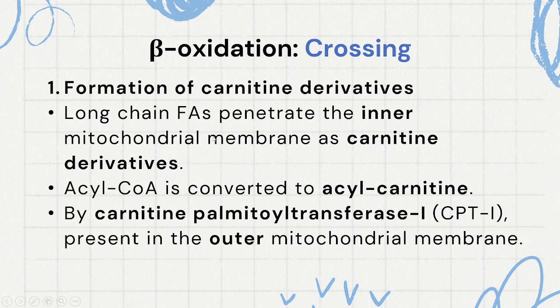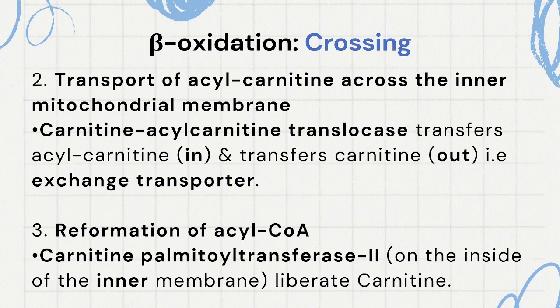Carnitine derivatives are our acyl-CoA, in which the CoA will be removed and replaced by carnitine. And this is catalyzed by carnitine palmitoyl transferase 1, CPT1. This enzyme is very important. We'll come to it later as we discuss regulation. It is present in the outer mitochondrial membrane.